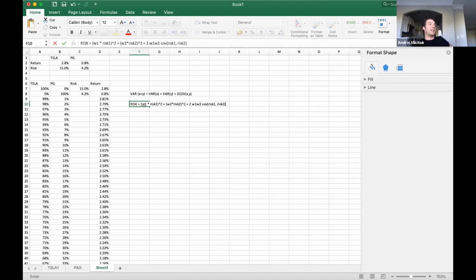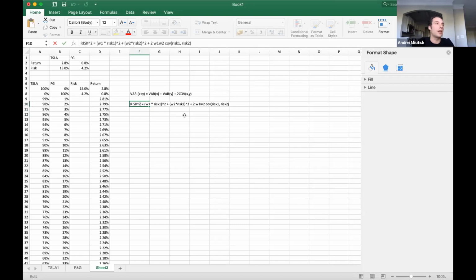So what we're basically saying here, to give you an intuition why that makes sense: if we have a portfolio of 90% Tesla and 10% Procter & Gamble, then we're taking 90% of Tesla risk, and that is variance.